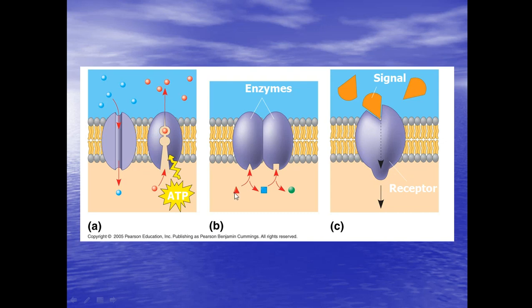This is a substrate, it fixes with the enzyme and gets converted into an intermediate product. Again, that is taken by another enzyme. It finally converts into a useful end product. This is by means of biochemical reaction.